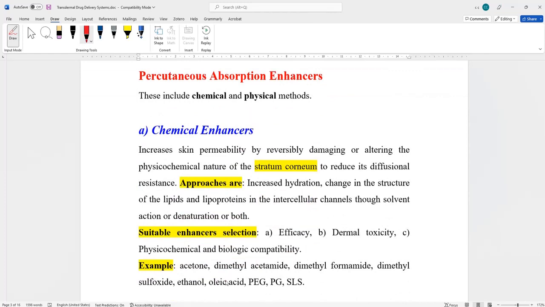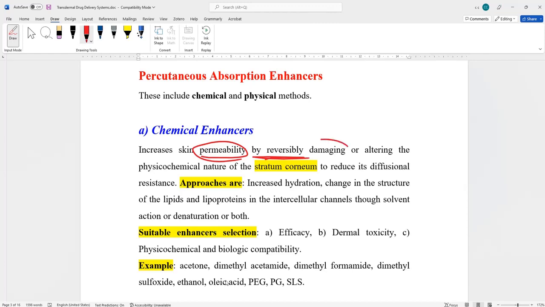So one of the ways is to use chemical enhancers. They affect permeability, porosity, or how easy it is for the drug to cross the skin. They improve it reversibly. Reversibly means once you stop, everything will go back to its normal way.